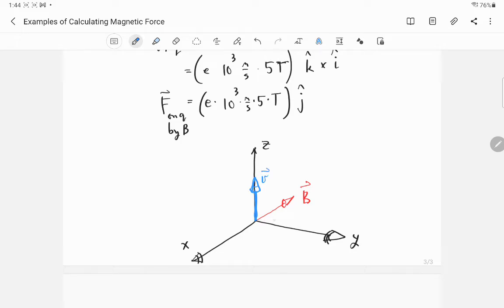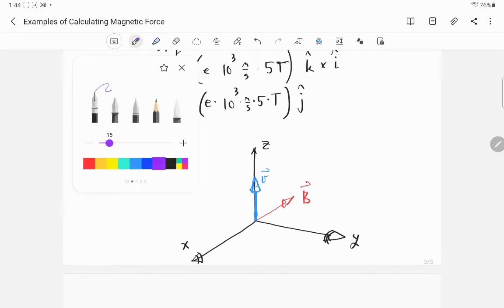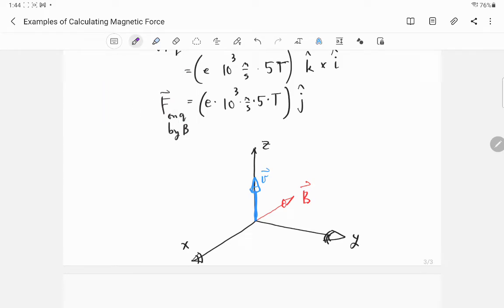And it turned out that our force, right? So the force here, let's draw the force in purple maybe. So the force was in the J hat direction. So J is this way. So that would have been the force on our little charge.